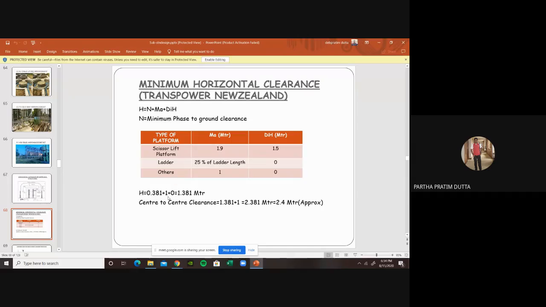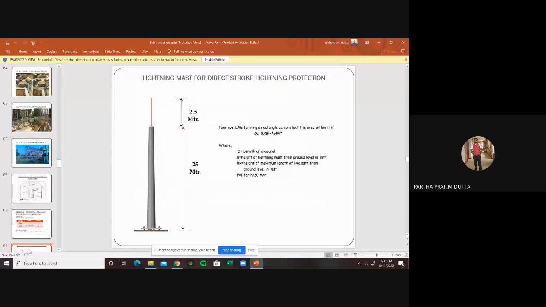In that case 1 meter we usually use, so 2.38 meter, 2.4 meter center to center clearance we usually do. But because we don't have that allowance, DIH always comes to 0.